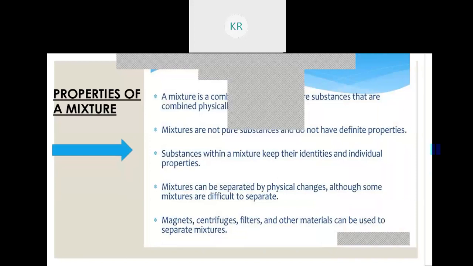Because the components may be present in different ratios. The components of a mixture retain their own characteristic properties, each component having its own property, and a mixture does not have a fixed melting and boiling point. Each component could have a different boiling and melting point. So these are some properties of mixture which we have discussed.